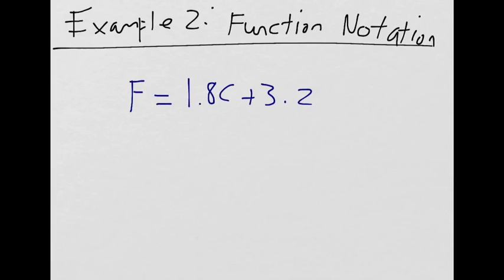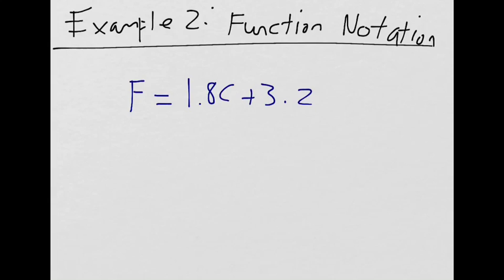Again, this is a relationship to show you how to convert a temperature in Celsius to Fahrenheit degrees. Fahrenheit is equal to 1.8 times the temperature in Celsius plus 3.2. It's like a conversion equation. Does that make sense?